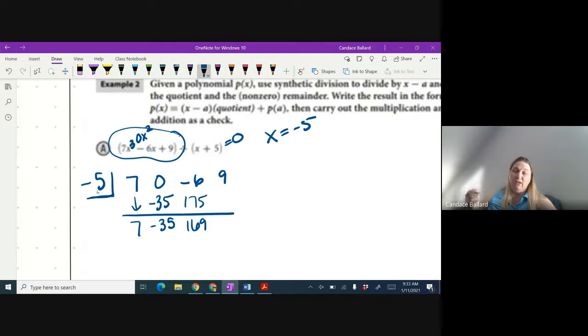I'm getting my calculator out again for that one. 169 times -5 is going to be -845. I'm sorry that the numbers are crazy, but they are. It happens sometimes. All right, and then we are going to do 9 minus 845, which is -836. So this piece here, remember, is the remainder.